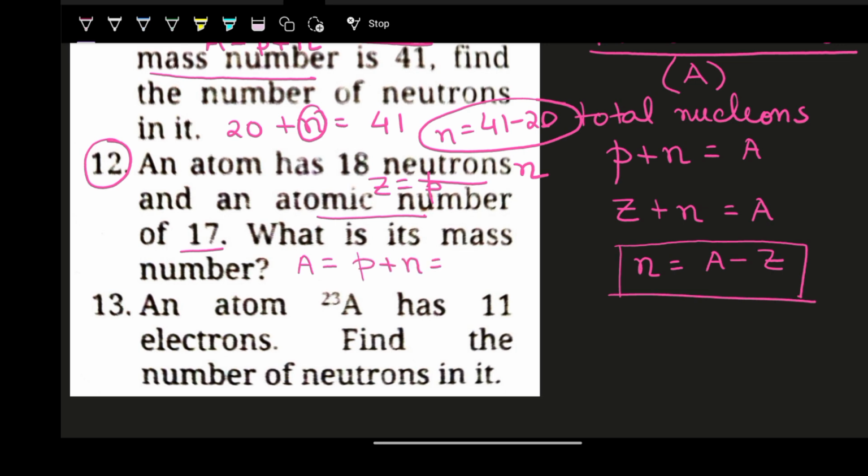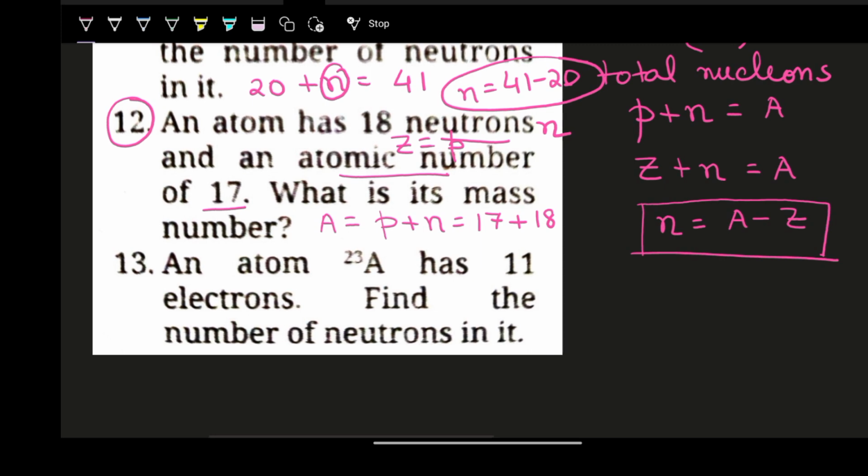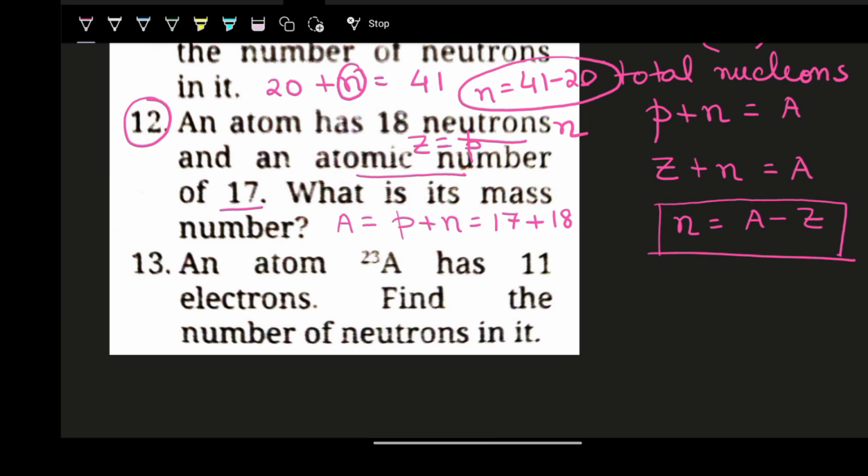Now, number of proton is equal to the atomic number. So, we will say 17 plus 18, number of neutron is already provided. Now, basic mathematics you should be good with, because if there is a mistake in division, multiplication, addition, subtraction, then you very easily lose marks. These are the basic things.